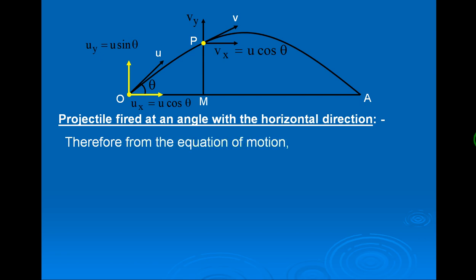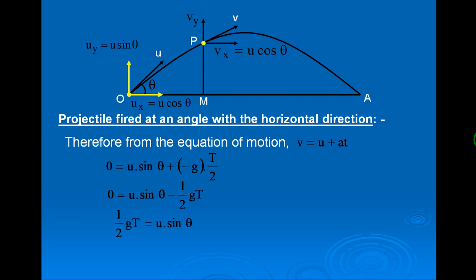Therefore, from the equation of motion, V is equal to U plus AT. By putting the values, we get 0 is equal to U sin theta plus minus g into capital T upon 2. Plus into minus again becomes minus. Therefore, we get 0 is equal to U sin theta minus half g into capital T. Now take the term half g into capital T to the left hand side.